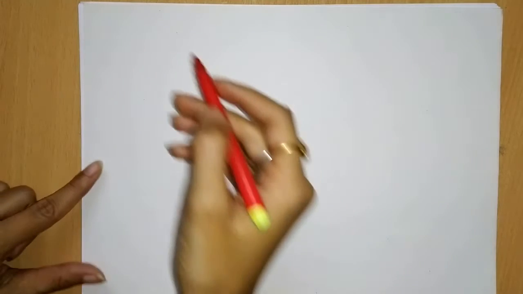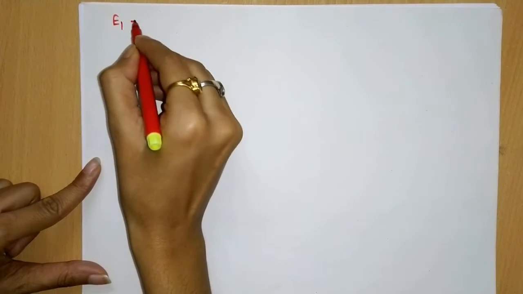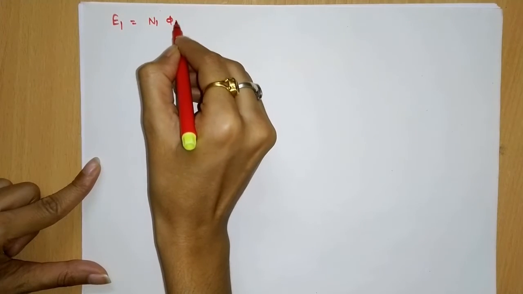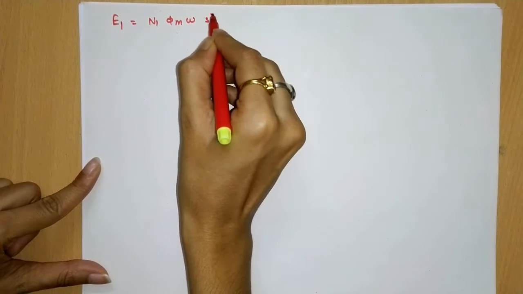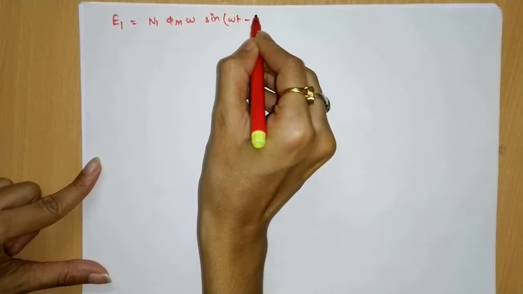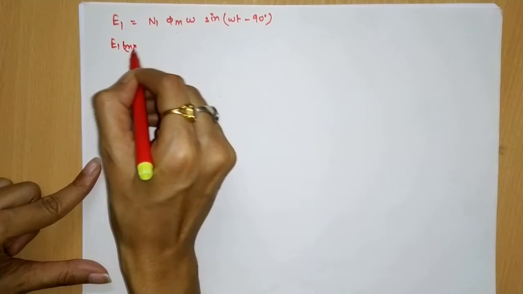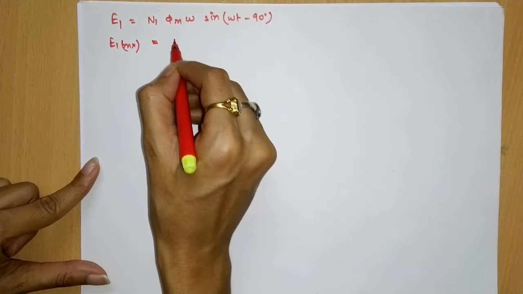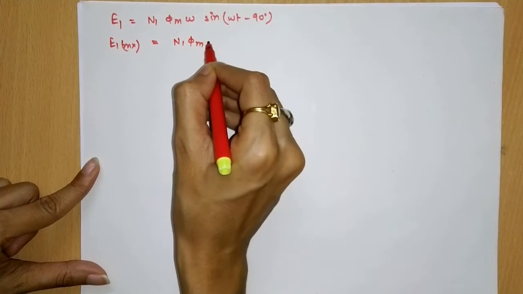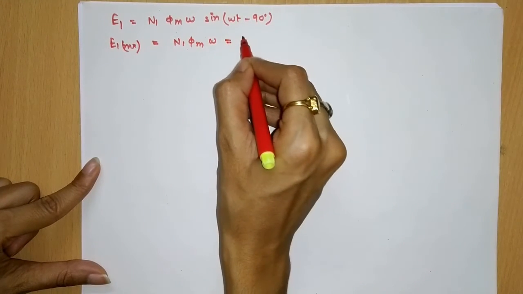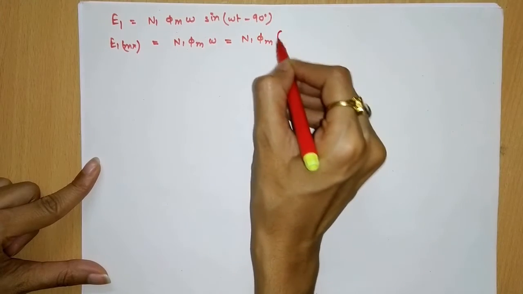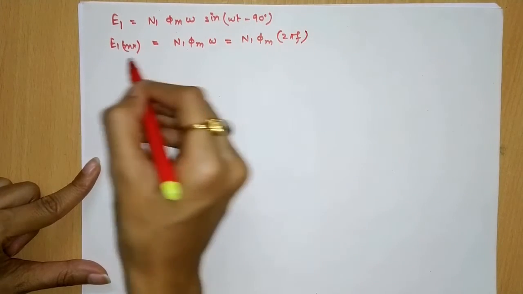Now, as we saw, E1 is equal to N1 phi m omega sin of omega t minus 90 degrees. Therefore, E1 maximum value of the induced EMF is N1 phi m omega, that is N1 phi m 2 pi f.